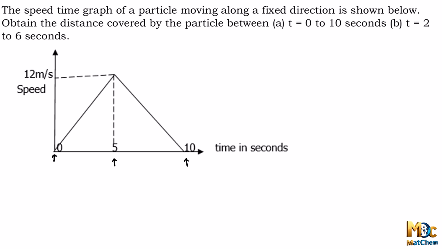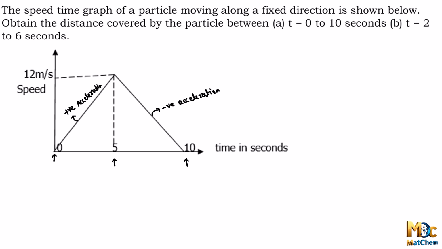From 5 to 10, the speed is decreasing with respect to time. That means from 0 to 5, the speed is increasing, so it will have a positive acceleration. Since the speed is reduced from 5 to 10, it will have a negative acceleration. That is the concept you can understand.